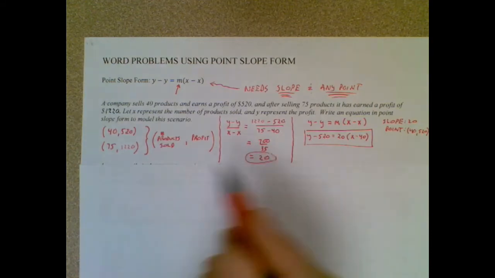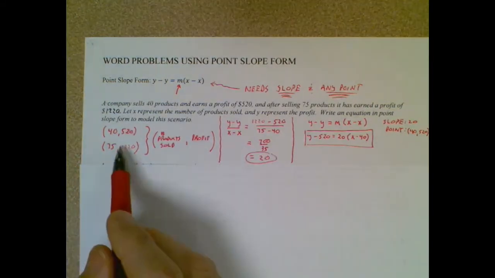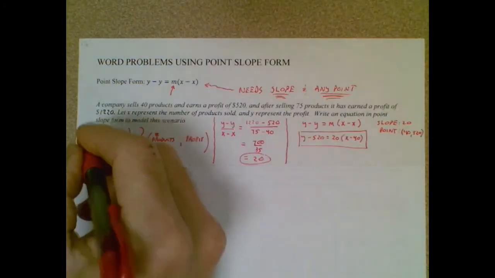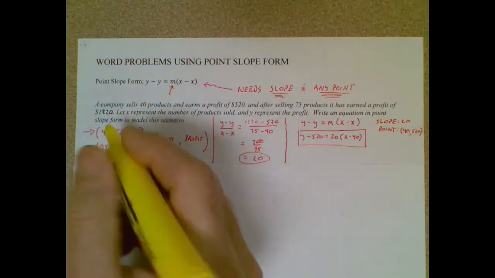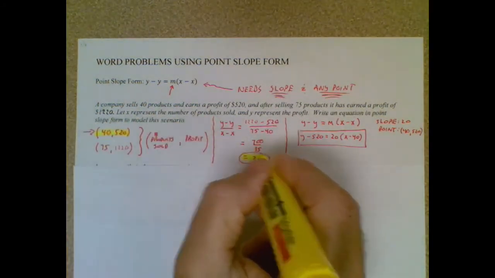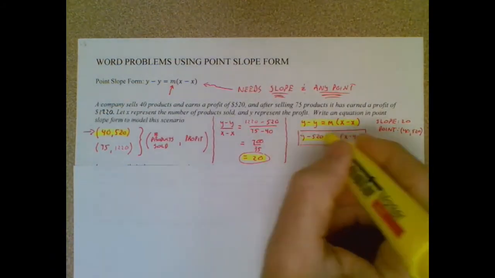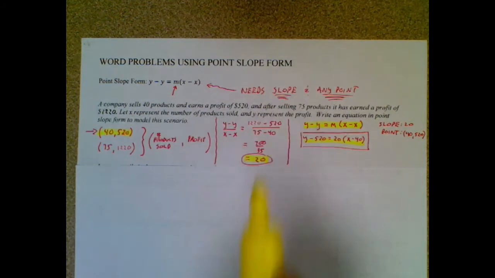We end up with a slope of 20. So if my slope is 20, I get to choose either of these two points. For my work, I chose that point right there, 40 comma 520. That point and that slope went in to make that equation. So that's the equation that represents this scenario.